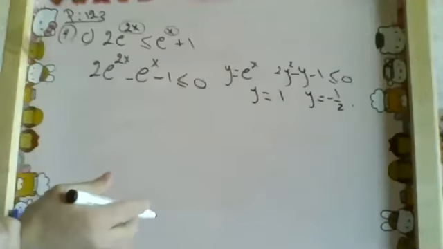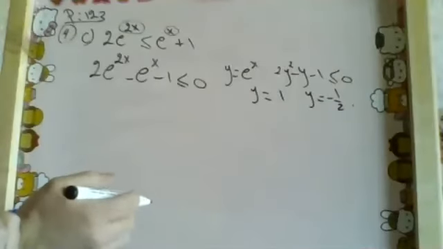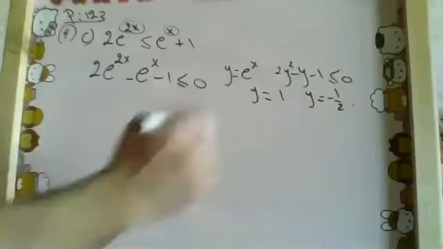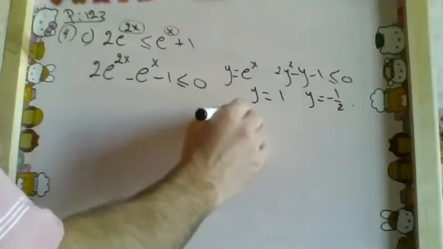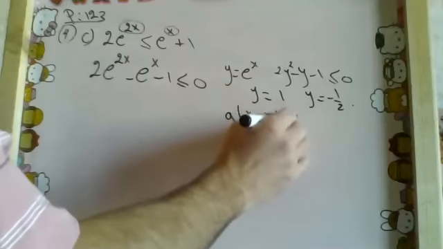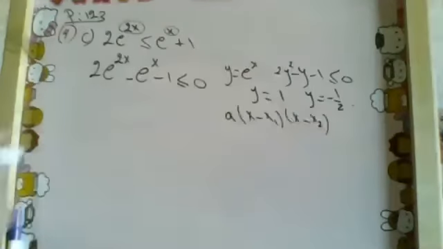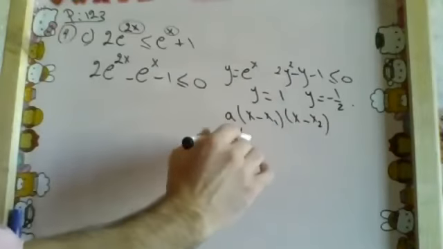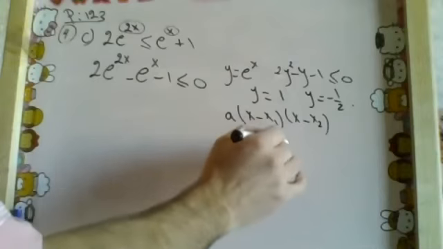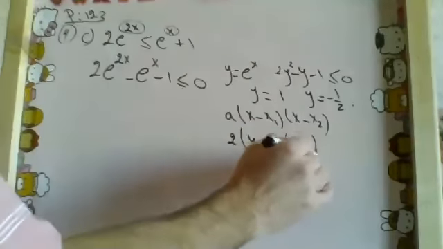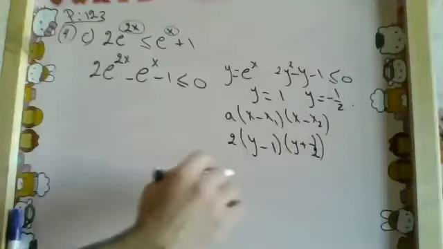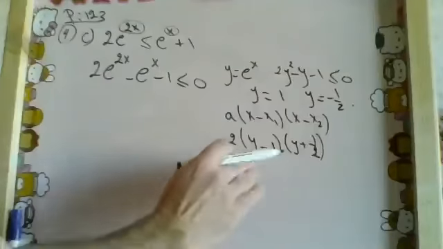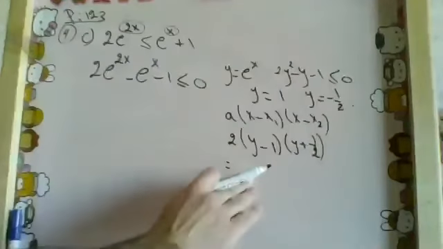And you know how to factorize quadratic expressions: a(x minus x1)(x minus x2). As in here, we can write it 2(y minus 1)(y plus 1 over 2).